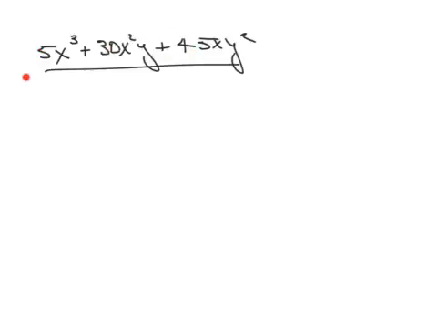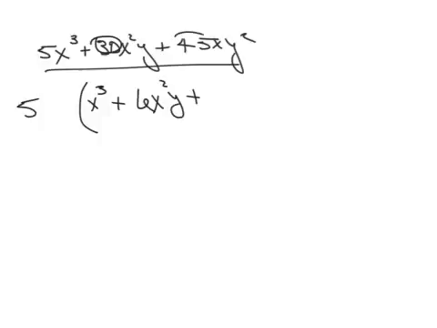So 5 out of there gives me x cubed, plus a 5 out of there gives me 6. 5 out of that gives me a 9. See what I did there? It's just dividing. 5 into this gives me 9, 5 into this gives me 6, 5 into 5 gives me a 1.